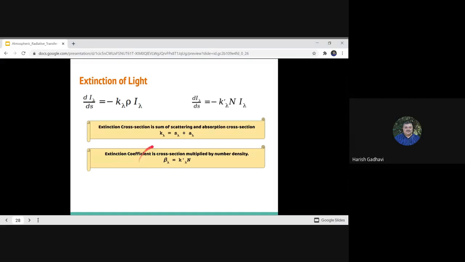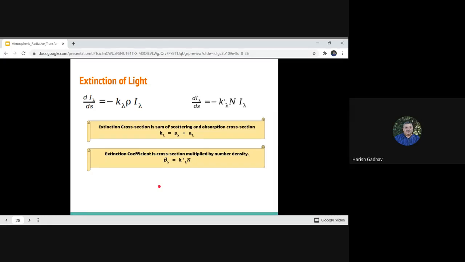The unit of the extinction coefficient is per meter or per kilometer, that is, per distance. That way you are relieved from worrying about the concentrations and the individual properties of the molecule or material. If you are a chemistry person, you probably want to know the concentrations and cross sections.